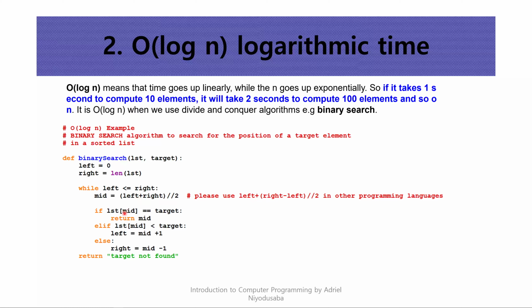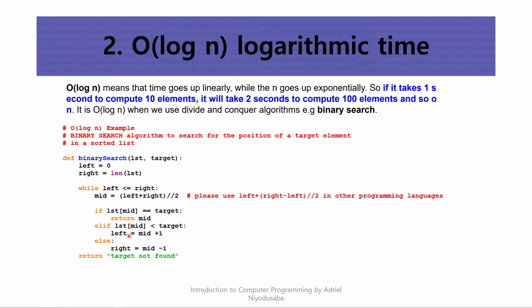So once we have the middle element, we check whether it's equal to the target, and if that's the case, we are very lucky and we can return the middle element, because it's the desired position of the target element. If that's not the case, then there are 2 possibilities. Either the middle element is smaller than the target, which is the case I have here.